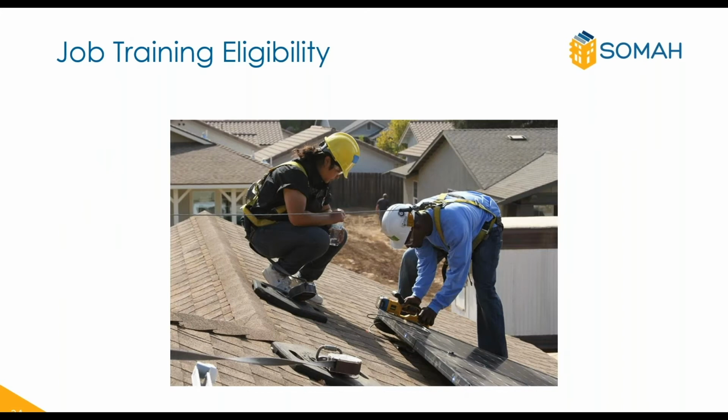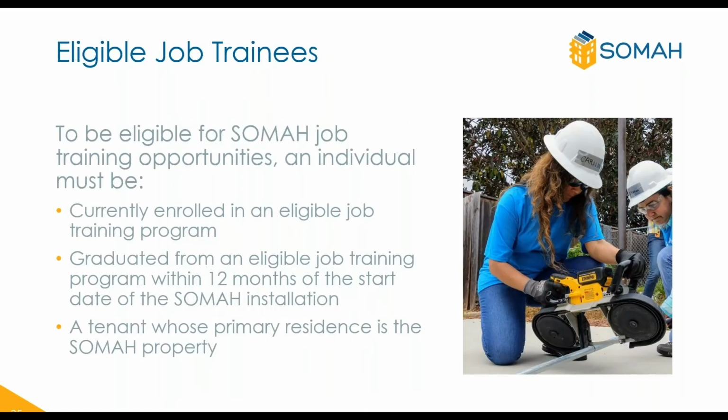Next, we will cover who is eligible to participate in SOMA job training opportunities. To be eligible, an individual must be either currently enrolled in an eligible job training program, recently graduated from an eligible job training program within 12 months of the start date of the SOMA installation, or a tenant whose primary residence is the SOMA property.